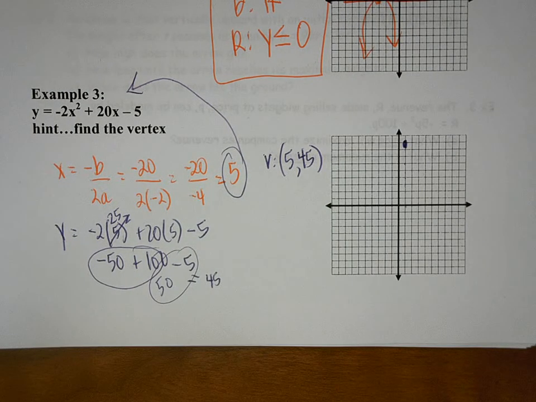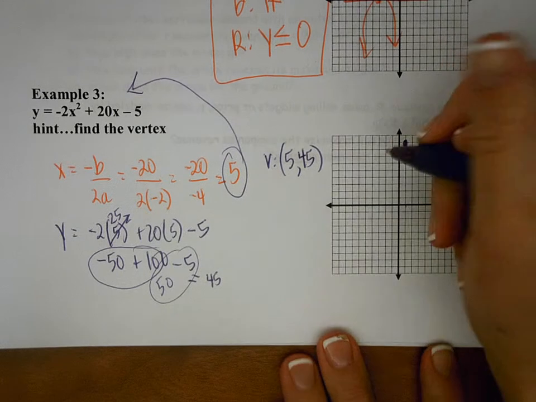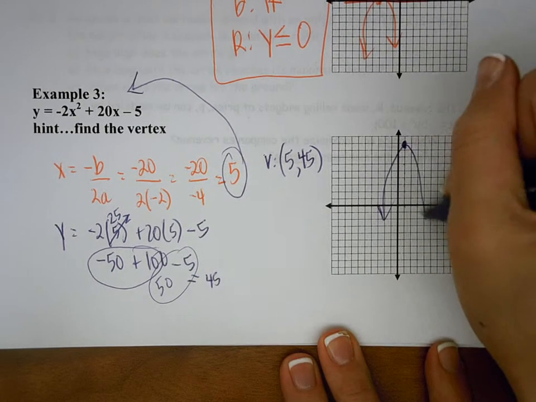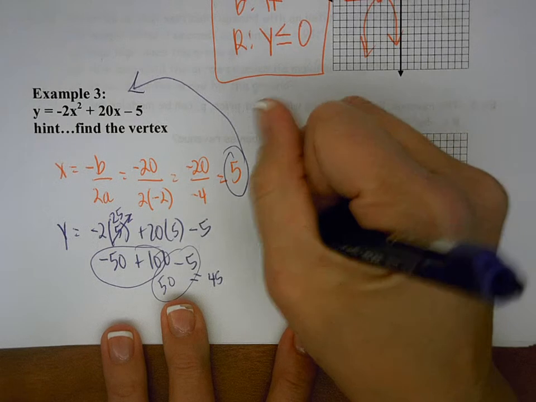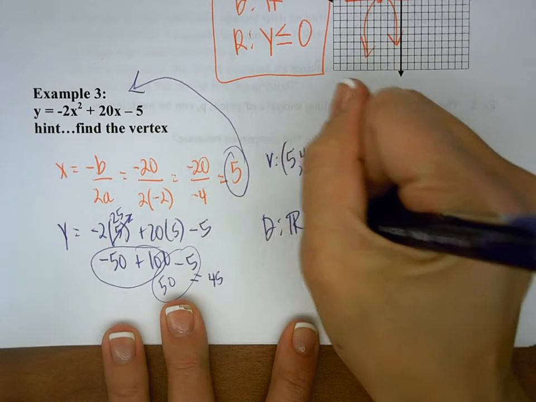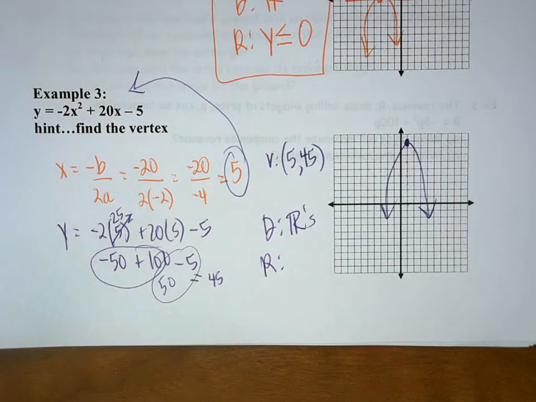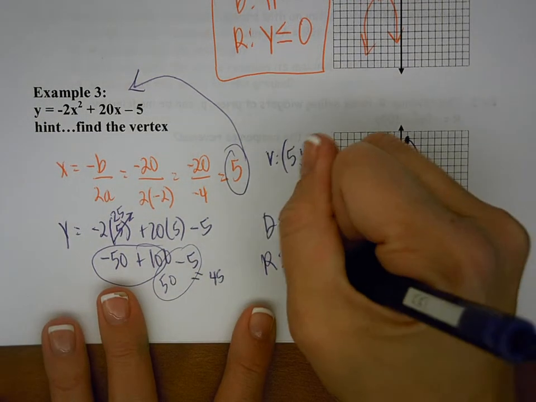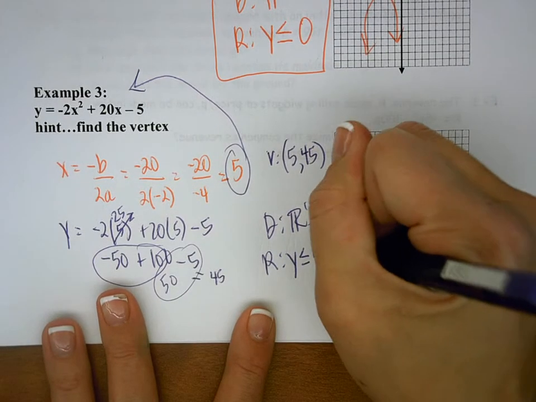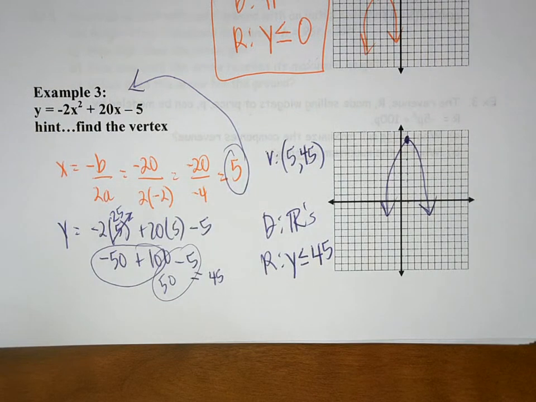Okay, so what is my domain? All reals. And my range is going to be what? Very good. y is less than or equal to 45 because all the values are smaller, because my curve is going down.